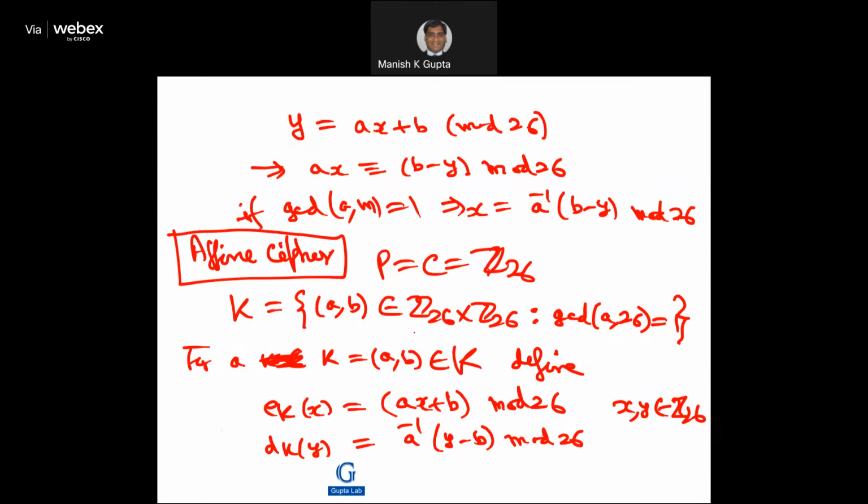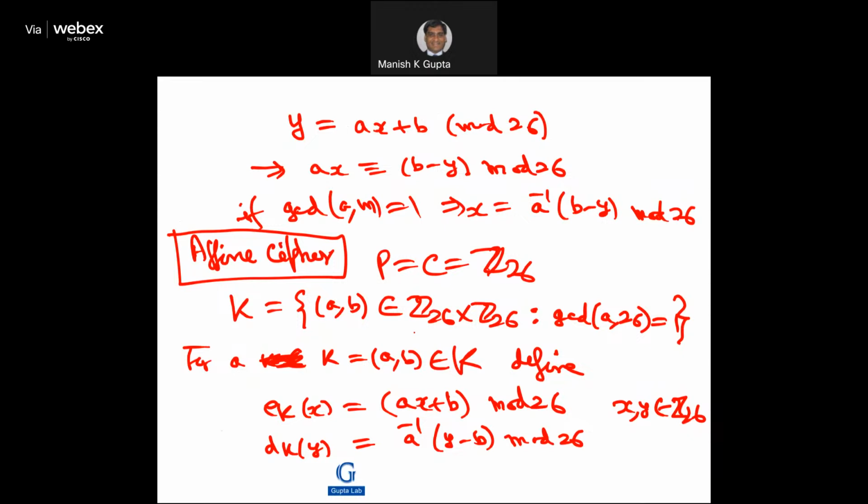So for a typical pair A comma B in this key space, the encryption rule is ax plus b mod 26, and the decryption rule is A inverse times (y minus b) mod 26, where x and y are in Z26. So this is the complete system for the affine cipher.